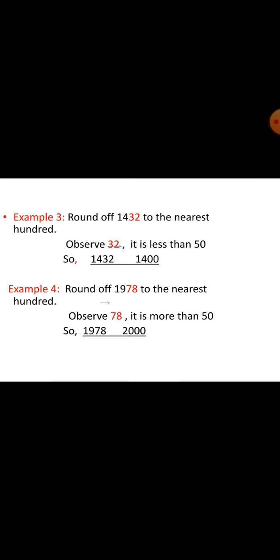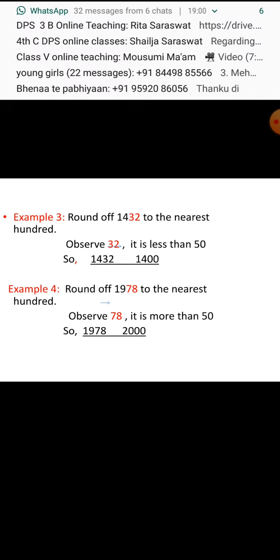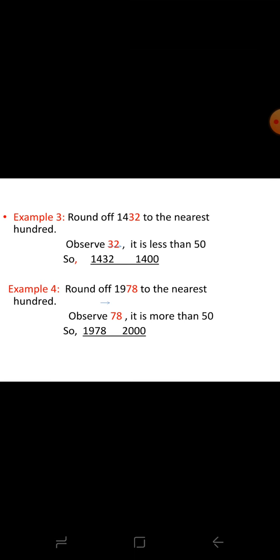Okay. Now let us take another example. Now I have taken round off 1978 to the nearest 100. Again observe 78. Okay. Now 78 is more than 50. So 1978 should be rounded off to the next 100.